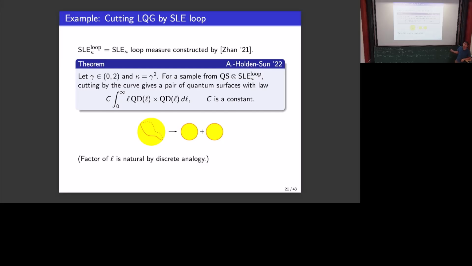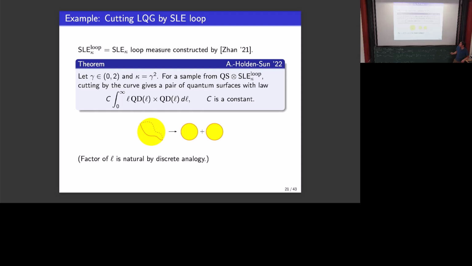So you draw one of these quantum spheres and a loop on top of it, and you cut. And what you get after you cut is a pair of quantum disks which have the same boundary length L, and then you have to integrate over all possible choices of L.